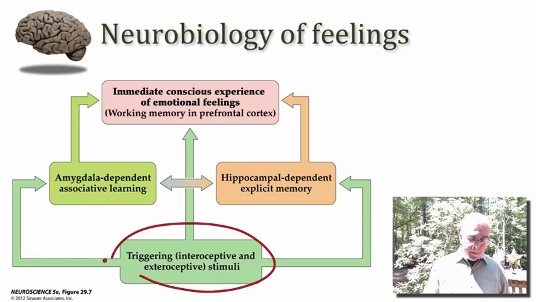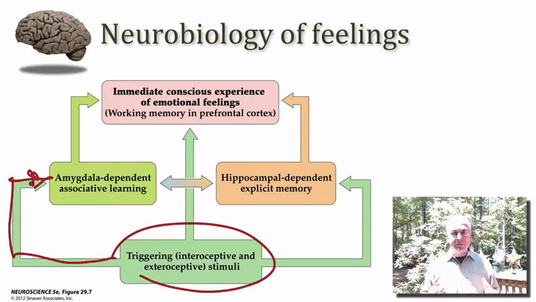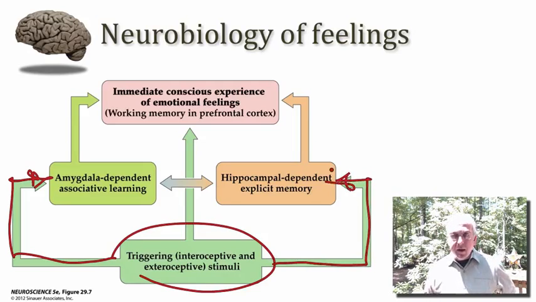As we've been discussing, the stimuli will impact our amygdala-dependent associative learning systems, as well as those associative learning networks in the orbital and medial prefrontal cortex. Of course, we will also generate explicit representation of these events through our hippocampal-dependent memory systems.